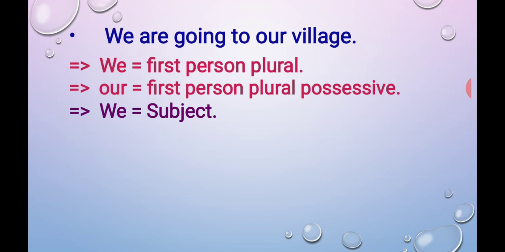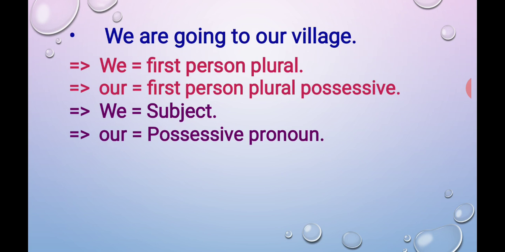So we is the subject and our shows the possessive form. Whose village? Our village. It shows the ownership of the village. Understand?